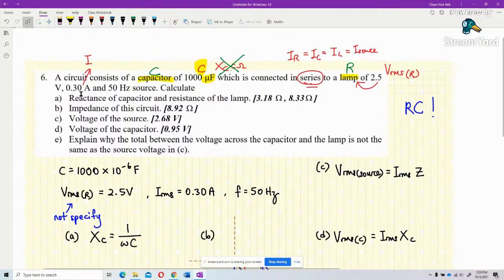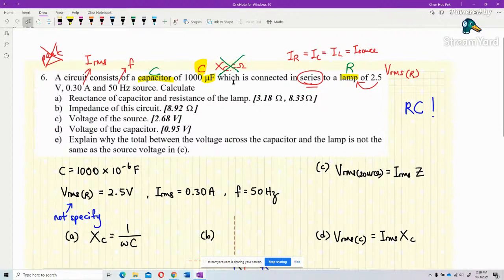No mention means root mean square current, the same for all components, unless it mentions maximum or peak current. But this is not max. Too much talking. Now this is the frequency.